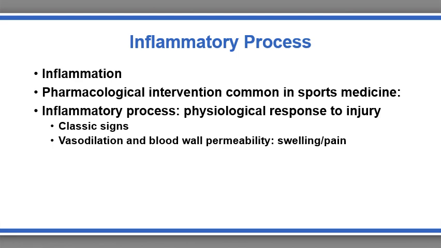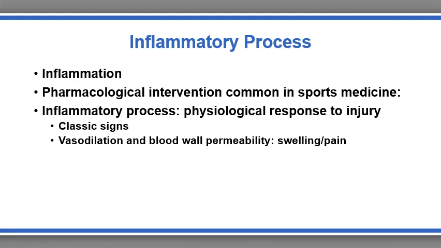One of the big events that occurs is vasodilation and increased blood vessel wall permeability, and a lot of that is going to contribute to the swelling and pain that occurs. That's also going to contribute to the heat that gets formed in the area, along with a lot of the metabolic processes that are occurring.